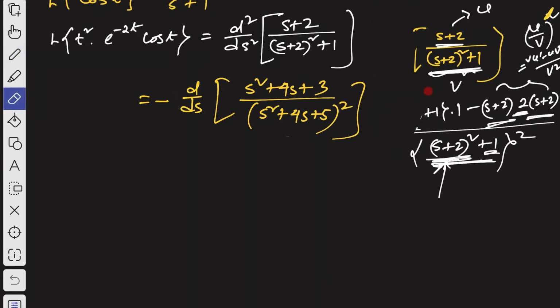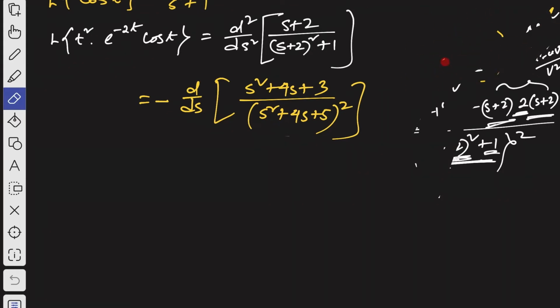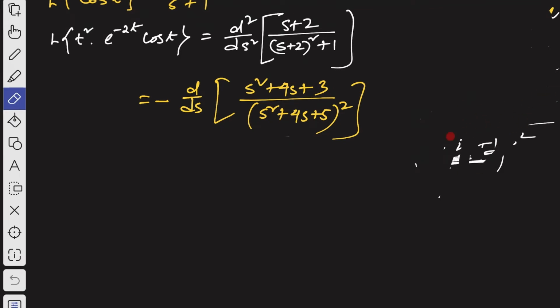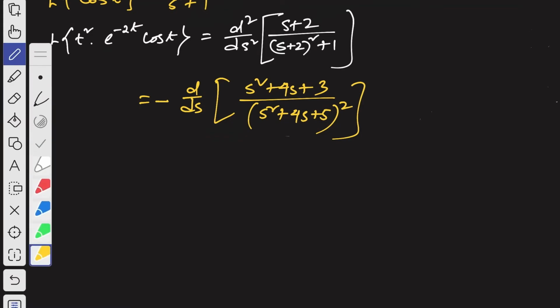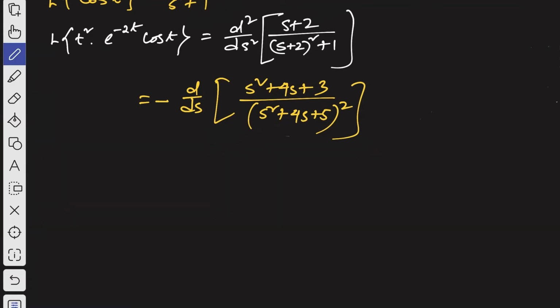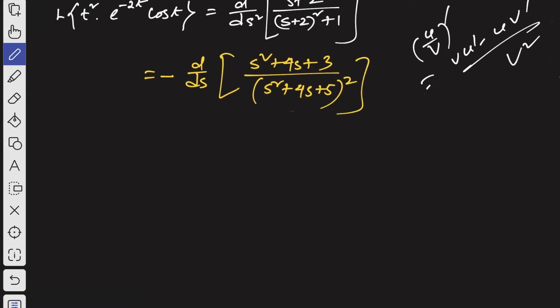So again we apply the u by v rule: the derivative of u by v is (v times derivative of u minus u times derivative of v) by v square. Let us apply that, considering the numerator as u and the denominator as v.